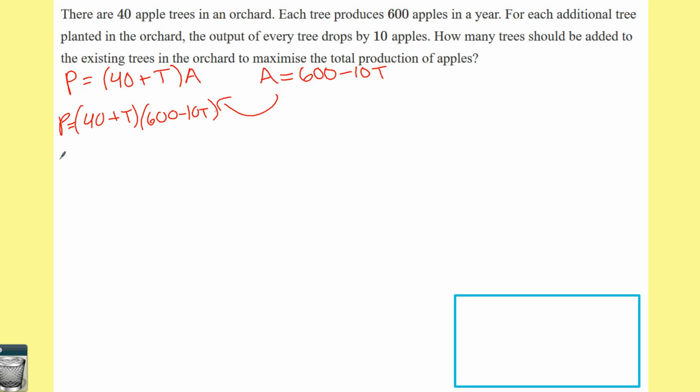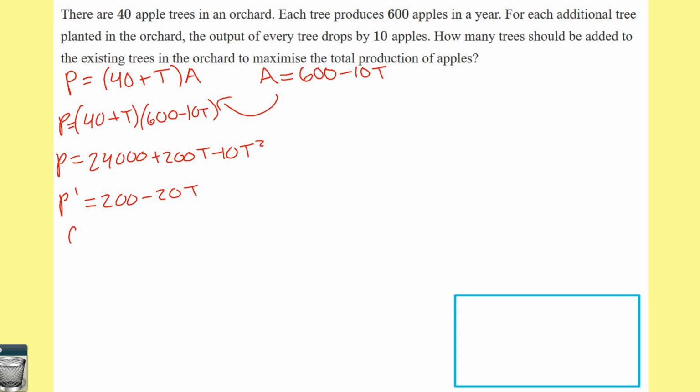Okay, so you FOIL that out and you should get 24,000 plus 200T minus 10T squared. Okay, we take the derivative of that and we get 200 minus 20t.